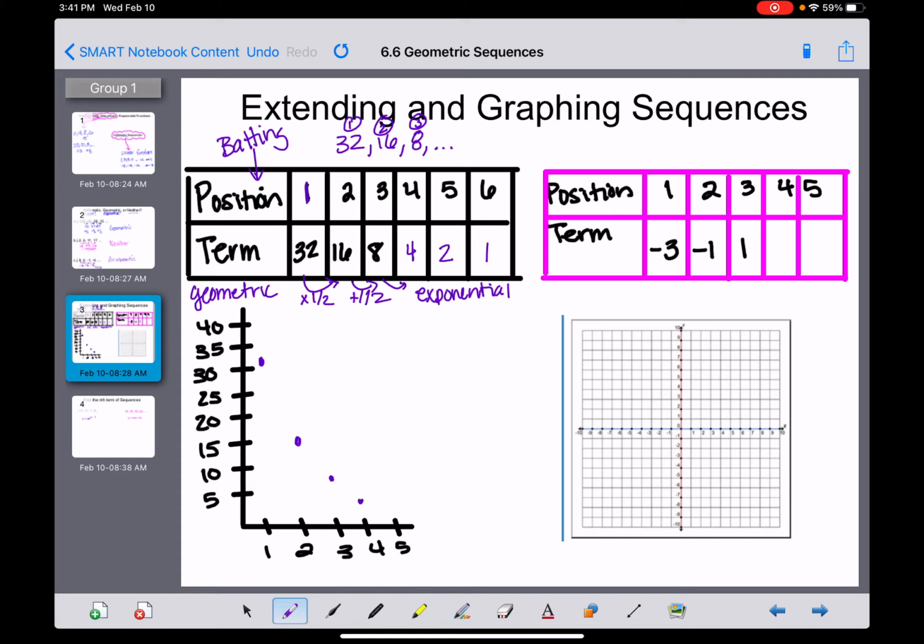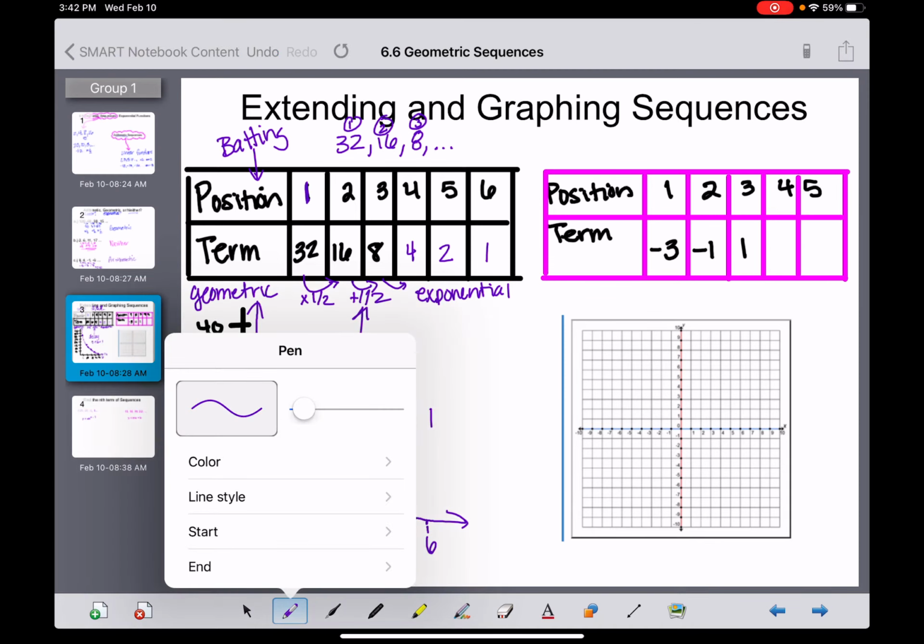Position 5 is 2, and position 6 is at 1. As you can tell, it is not a straight line because we have different rates of change in between. This does create an exponential function. This is also exponential decay, which makes sense because our factor is a multiplier of a half. And any number between 0 and 1 causes a decay.